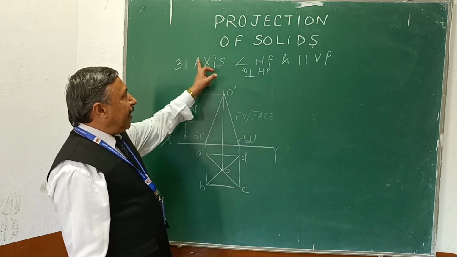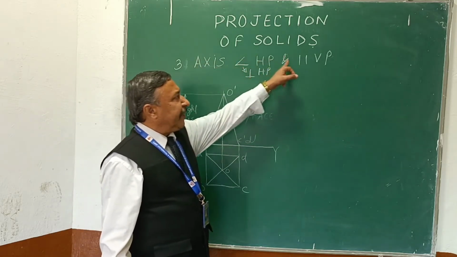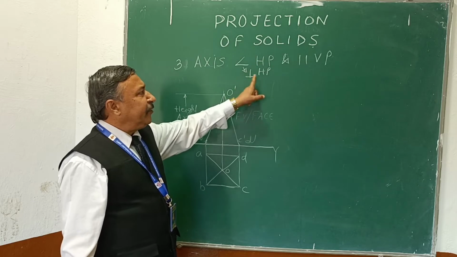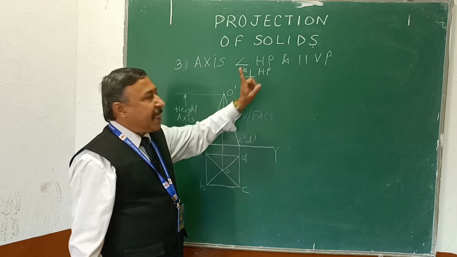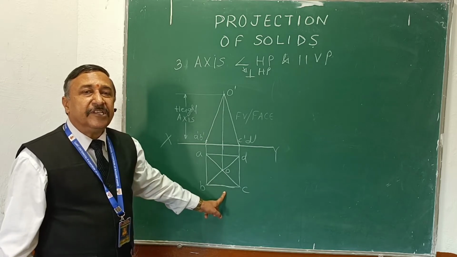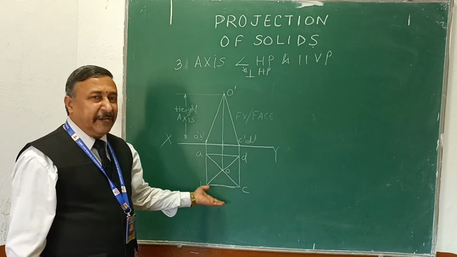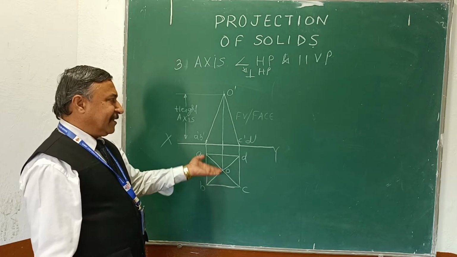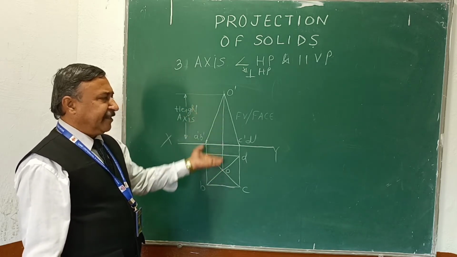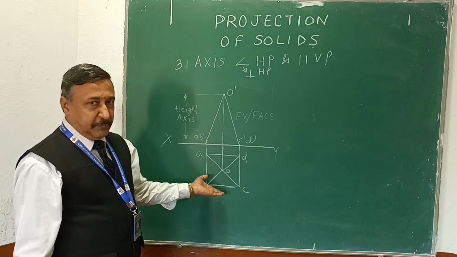So if our axis is inclined to HP and parallel to VP, first we assume that it is perpendicular to HP and we draw the perpendicular to HP position. This is a square pyramid, as we drew last time, with axis perpendicular to HP.